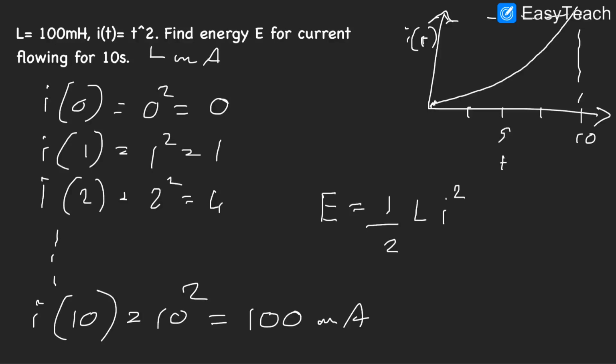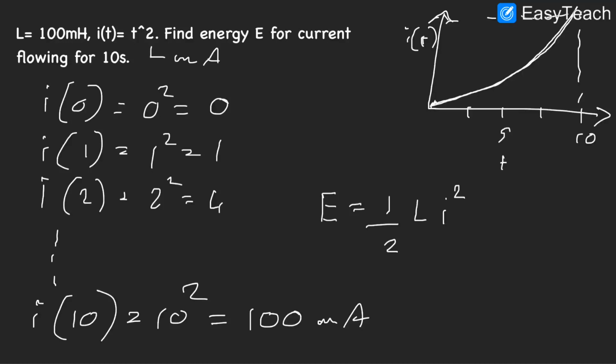So L is your inductance, I is your current, and so we already know what is the current. It's 100 milliamperes. We know what is inductance, and now we also know how the current rises. Alright, so it's simple substitution.